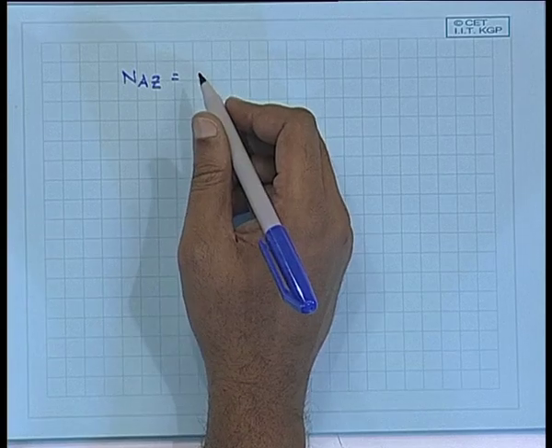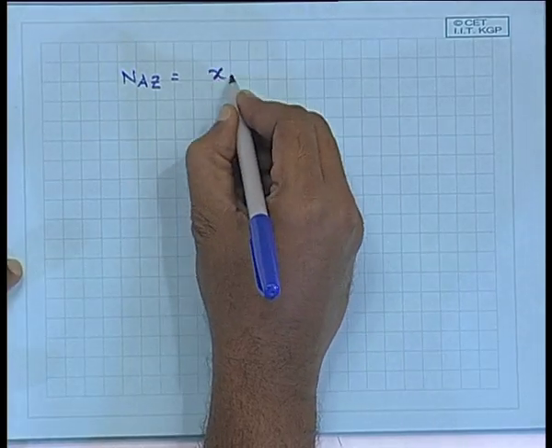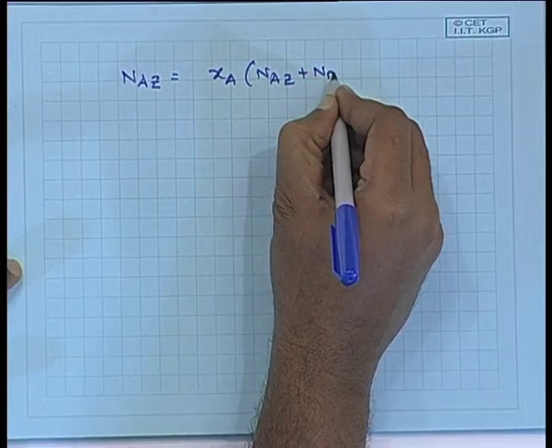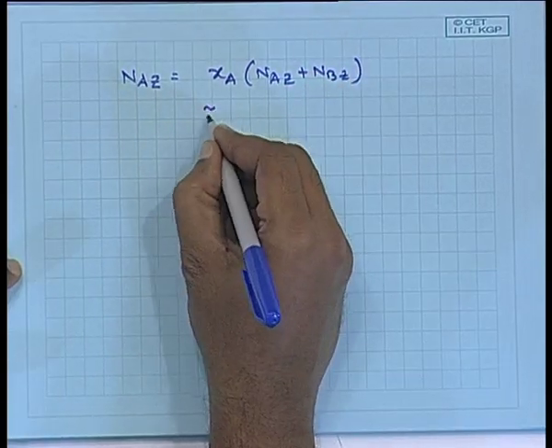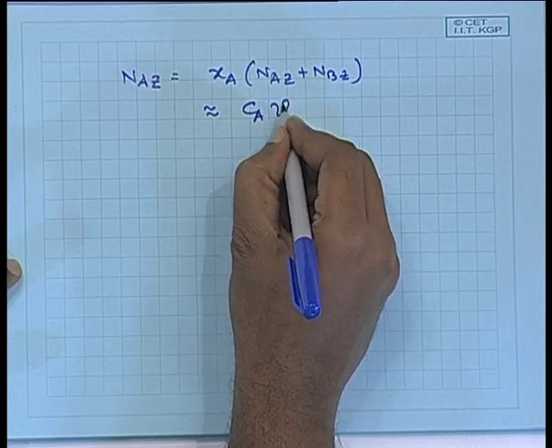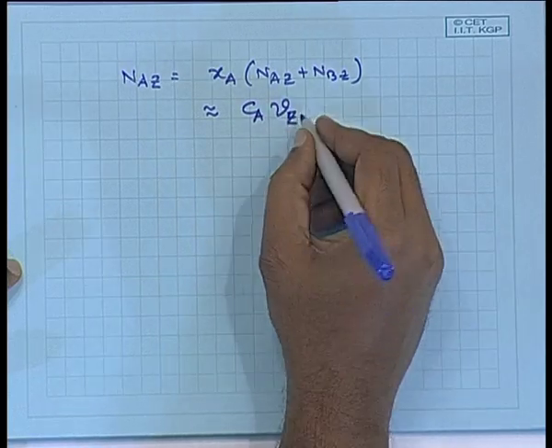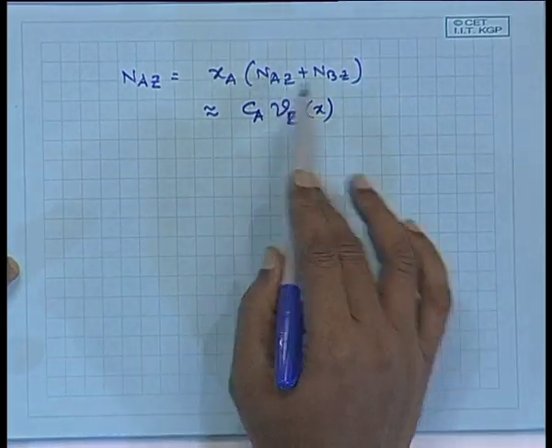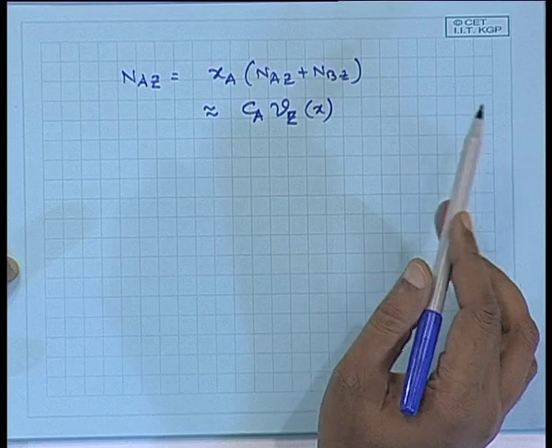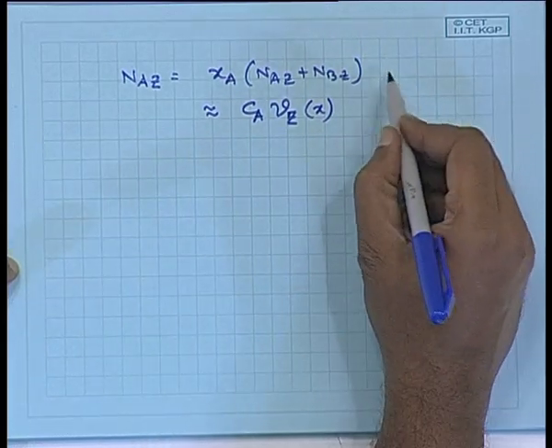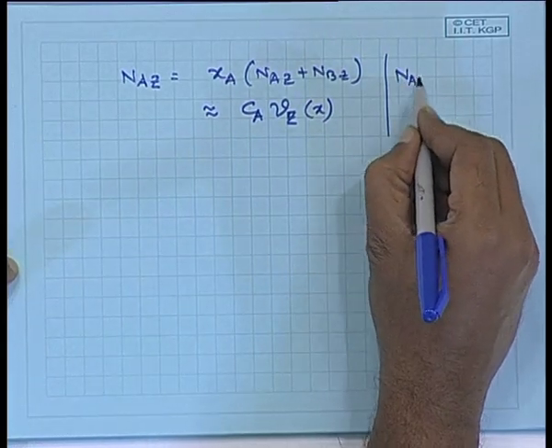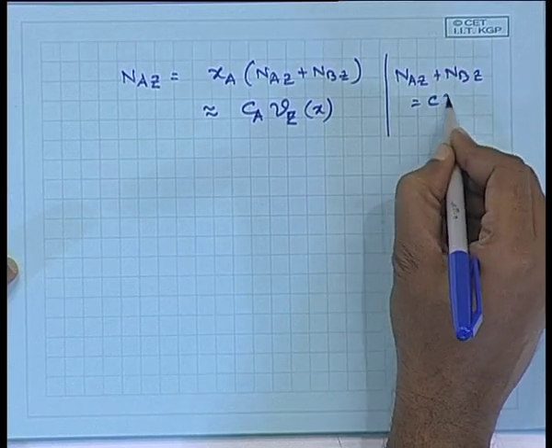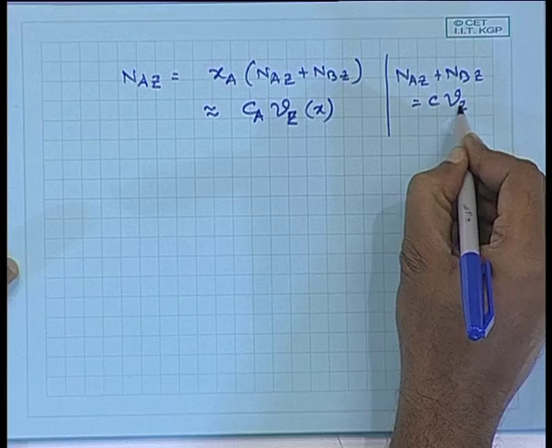So if I write NAz, it's simply going to be xA times (NAz plus NBz), and this can be approximated as CA times Vz. This Vz is a function of x. The relation that I have used is NAz plus NBz is total concentration multiplied by the velocity in the z direction.